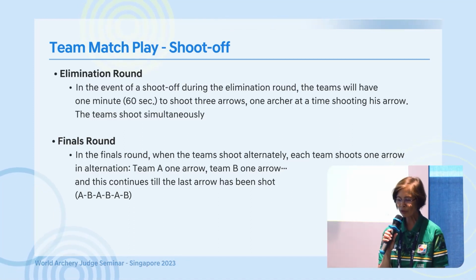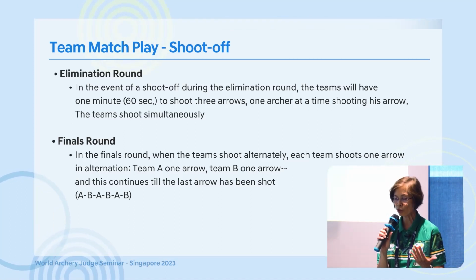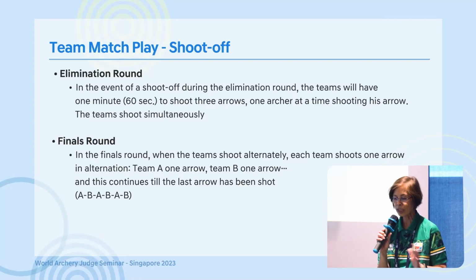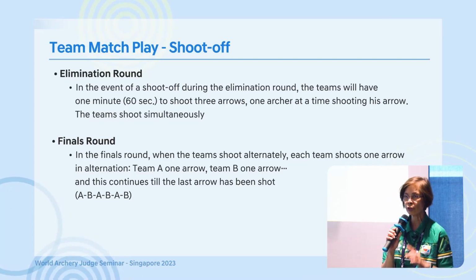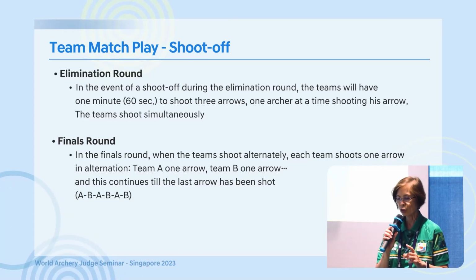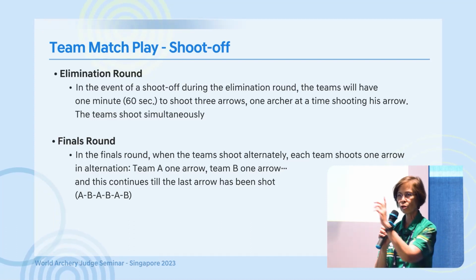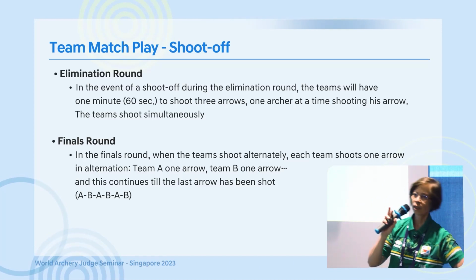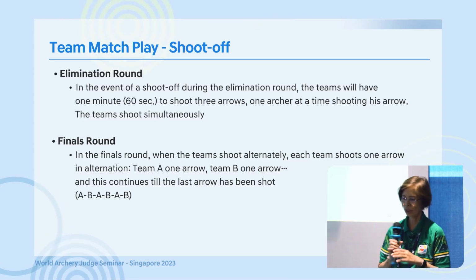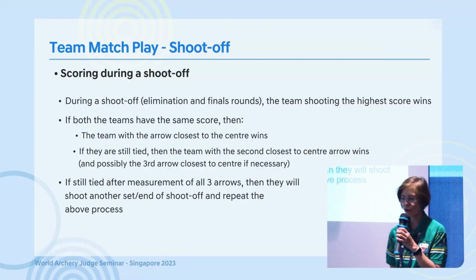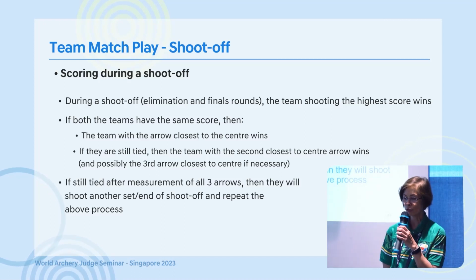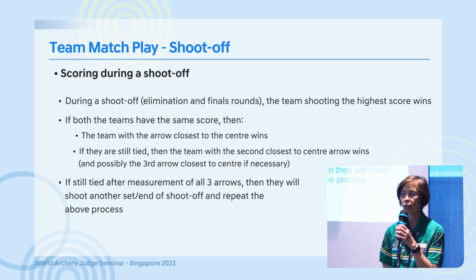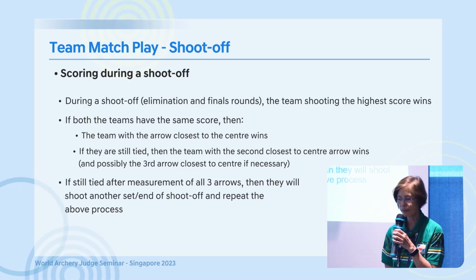For the finals round, when the team shoots alternately, each team shoots 1 arrow in alternation. So team A, 1 arrow, team B, 1 arrow, back to A, and team B, A, B. Okay? Now during a shoot-off in the elimination and finals rounds, the team shooting the highest score, of course, wins.